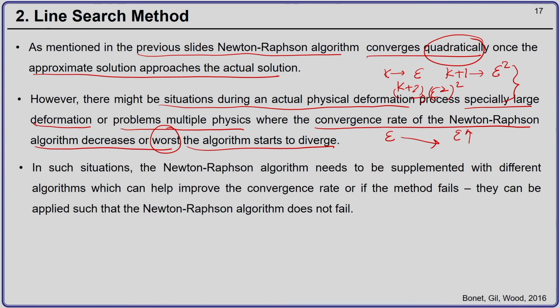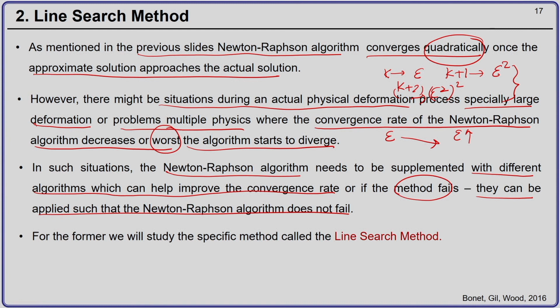In that case, you have to supplement the Newton-Raphson algorithm with different algorithms to improve the convergence rate, or if the method fails, you have to apply algorithms which can prevent the failure of the Newton-Raphson algorithm.